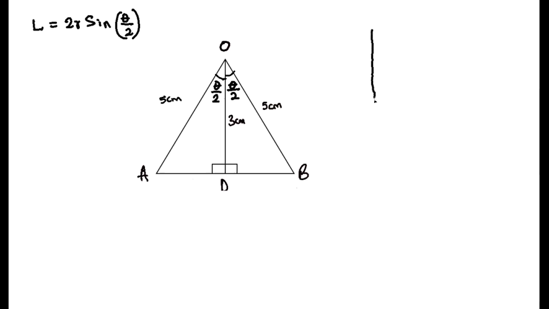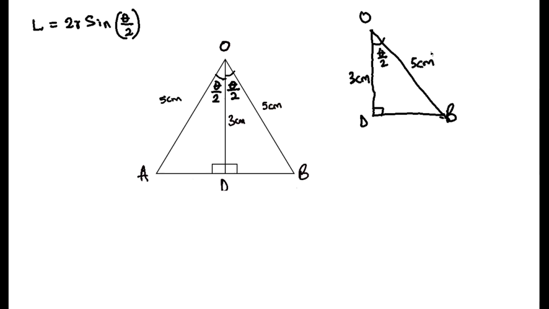Let me show you something. Don't mind my sketch. So this is my B, this is angle 90, this my D and O, center O. This is theta over 2. This is 3 centimeters and this is 5 centimeters.